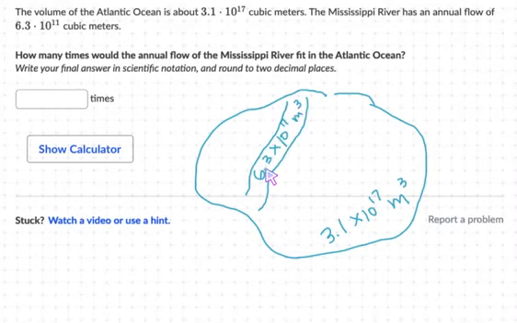Even though 6.3 is bigger than 3.1, right? 6 is bigger than 3. This is a smaller number because of the power. 11th power compared to 17th power, 11 is smaller than 17.